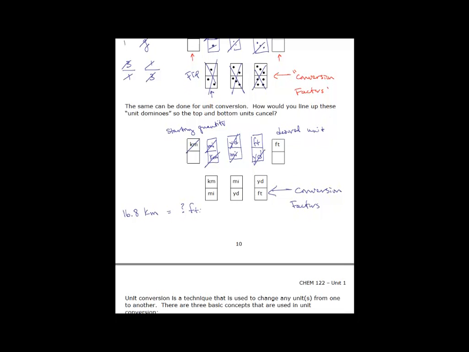Well, I need these conversion factors, and I just gave you domino representations of these conversion factors. It turns out that they're actual numbers, so I'm going to write these conversion factors up here. 1.61 kilometers in 1 mile.